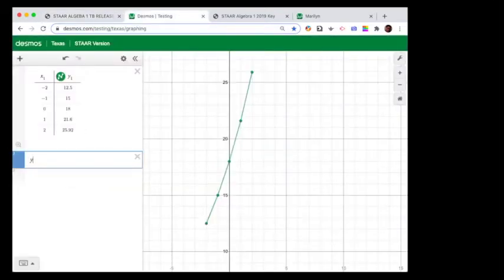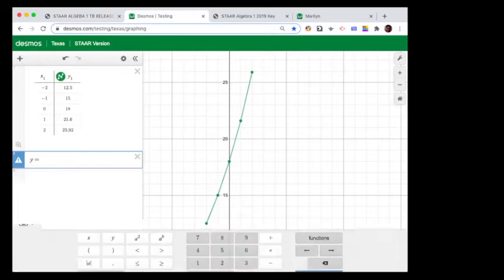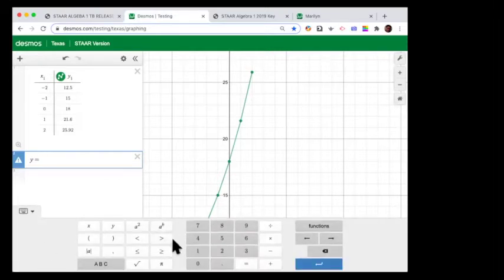And function of x is also saying y equals. And then we open up our keypad to get our fraction 5/6. The division sign creates the fraction 5/6.